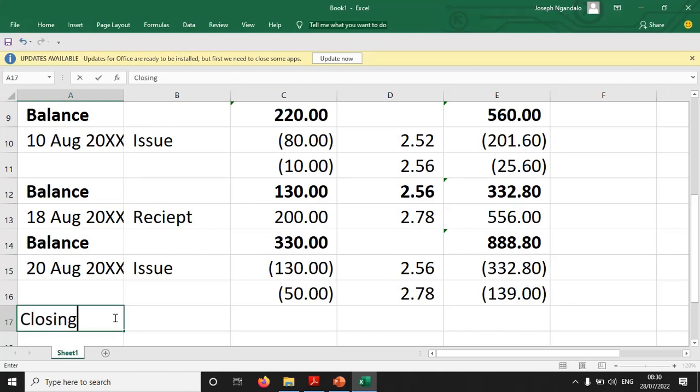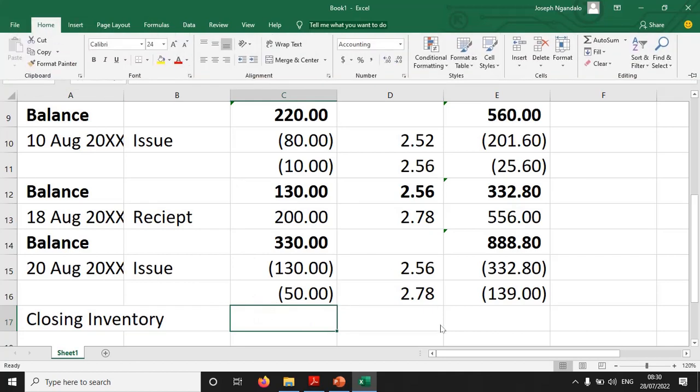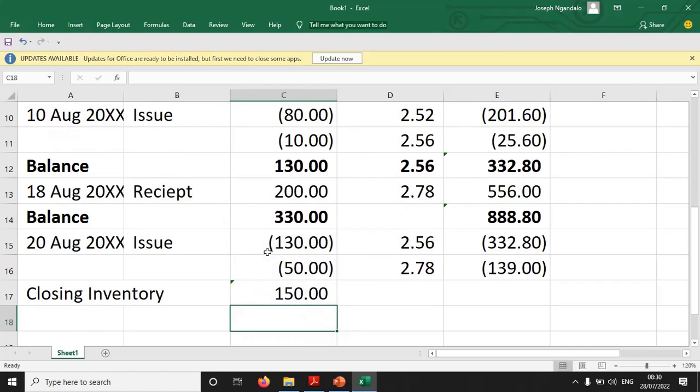And that will be our closing inventory. What is the value of closing inventory? Say 150. Do you agree with her? Good. Let us go there.